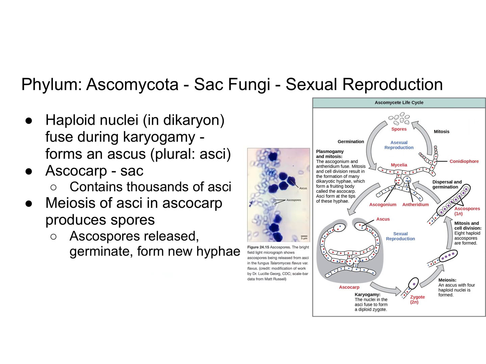So during karyogamy, that dikaryon that was created during plasmogamy, the haploid nuclei are now going to merge and form a diploid nucleus.